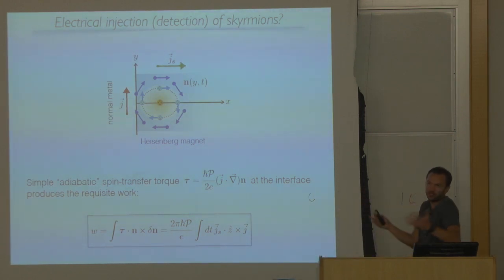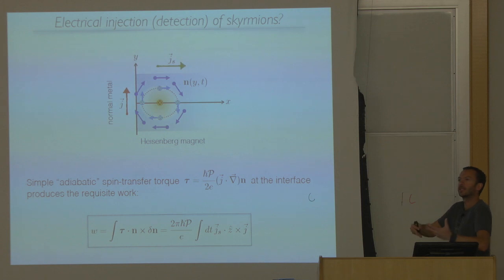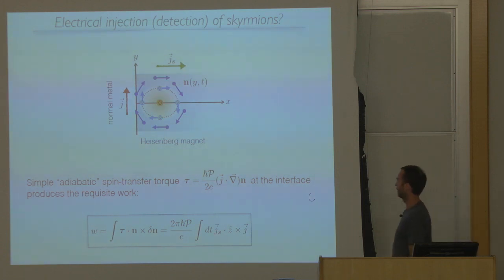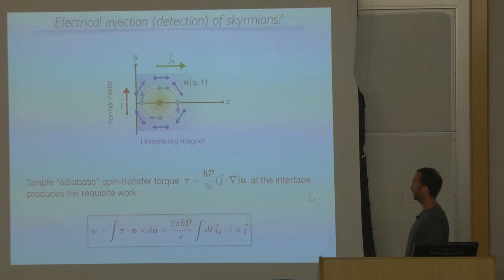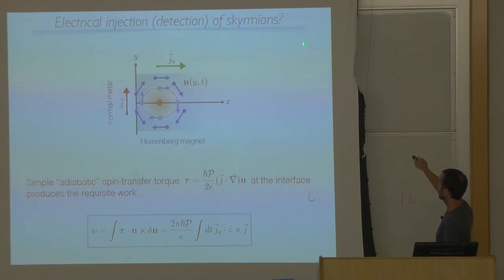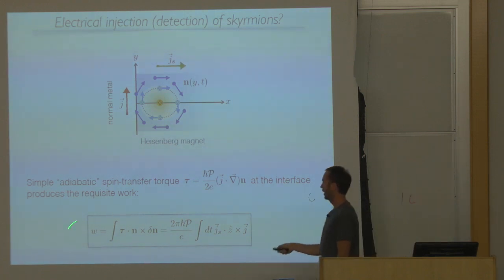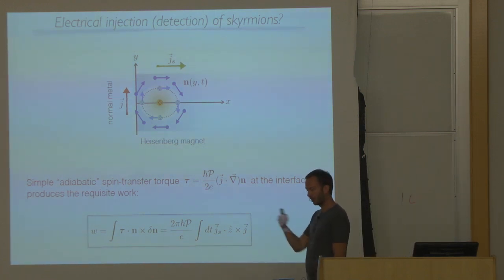Because in the absence of exchange, electrons don't know about texture, get nothing, and the stronger the exchange, the better the efficiency. So that's very cool, and of course, reciprocally, that means the skyrmions, if they get ejected through some other interface, that ejection will generate electromotive force, a measurable electromotive force, just by the Onsager reciprocal of this physics.